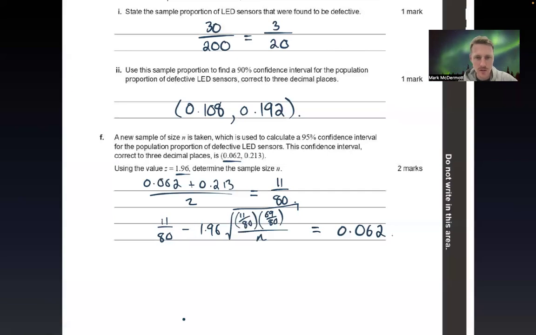Okay, I'm going to say we round up, because you have to take a sample size of a whole number. So I reckon n equals 80 to give us a 95% confidence interval of that width. Let me know what you think.